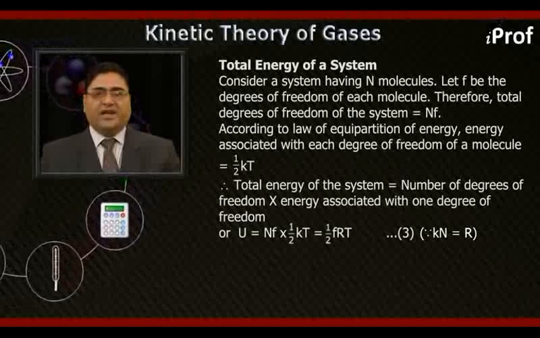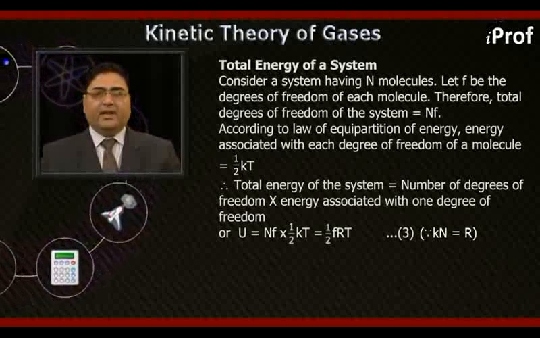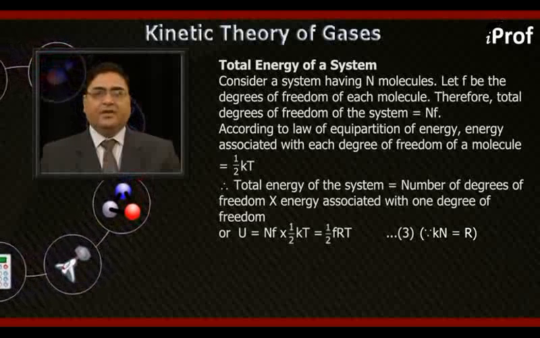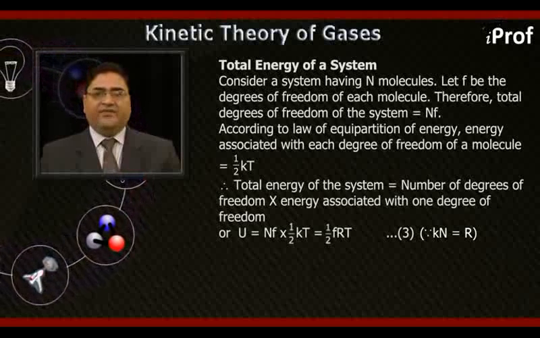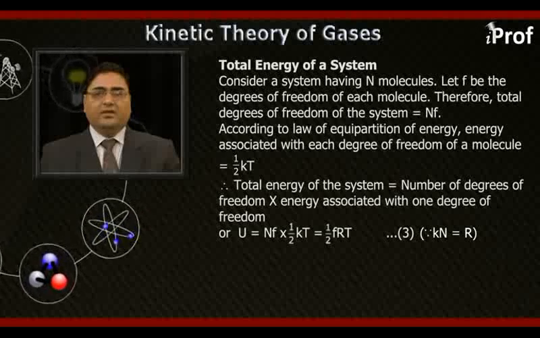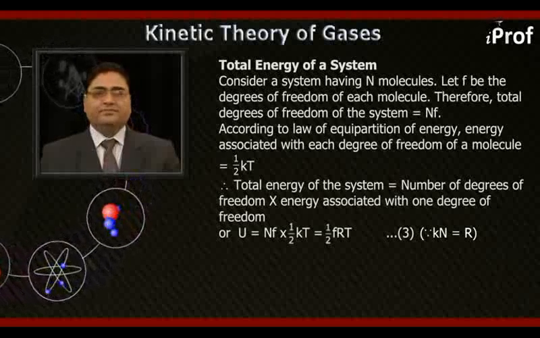Therefore, total energy of the system equal to number of degrees of freedom multiplied by energy associated with 1 degree of freedom, or U equal to nF into half kT equal to half F RT, since nk equal to R.